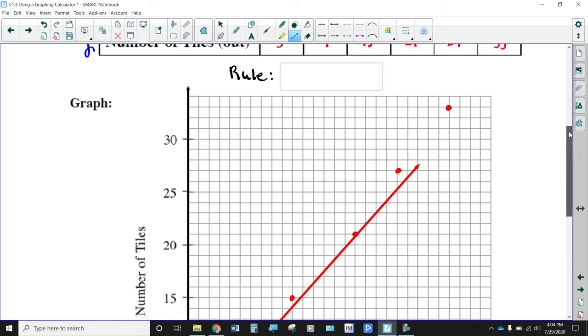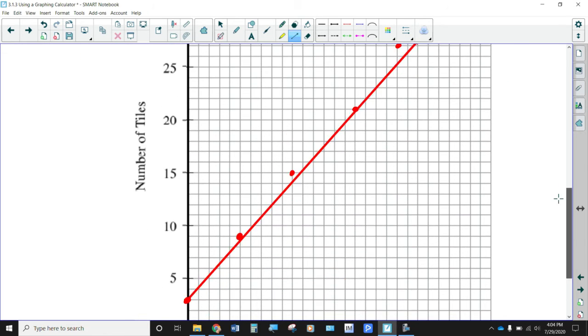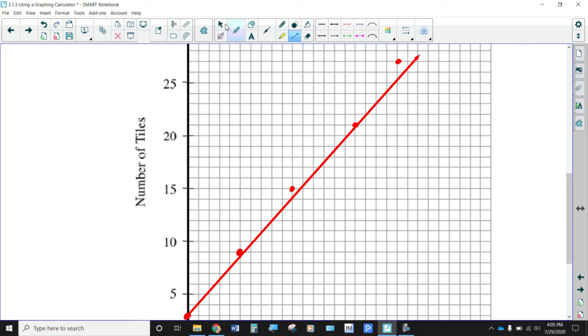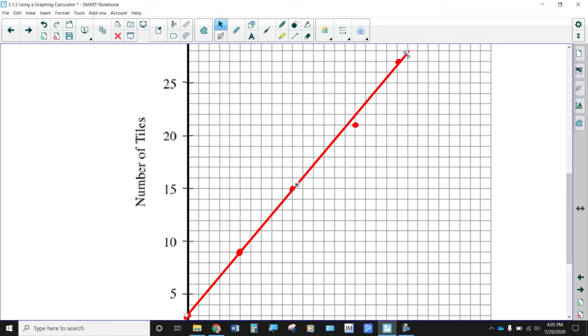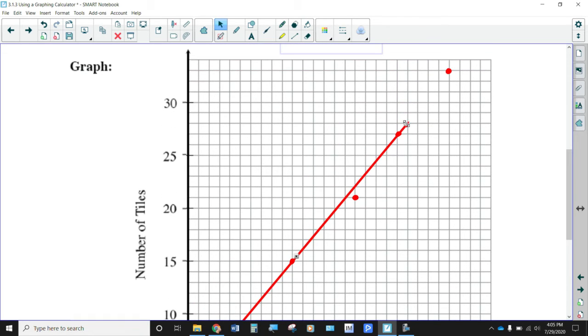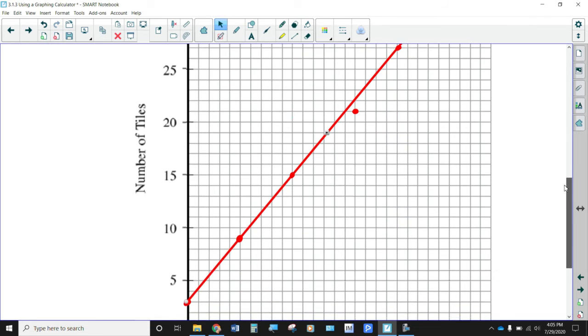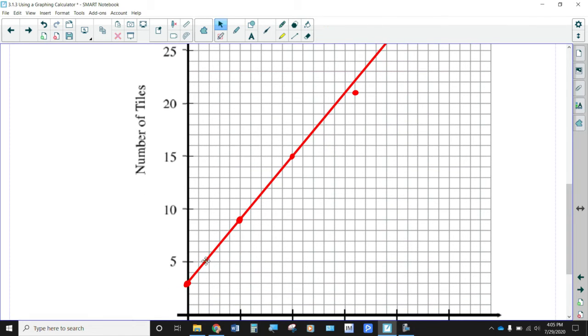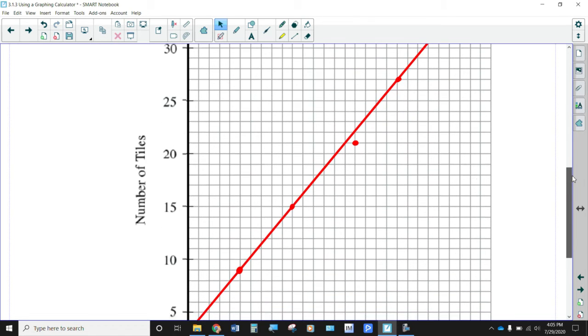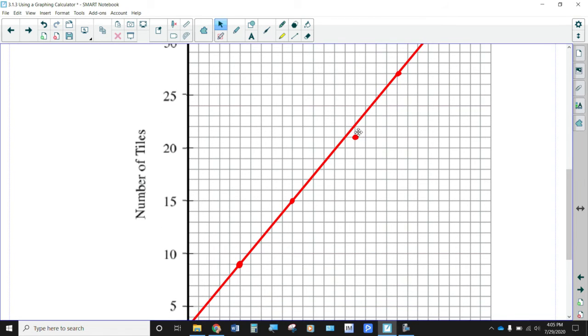Technically, I'm missing a 4th one up there because I'm sure that's not going to make it through. So it really looks like it's supposed to pass through here. And if I extend that even further, all right, so if my straight line using a straight edge or ruler passes through 1, 2, 3, 4, 5 points, but one of them it doesn't pass through, I'm really confident that this is the one that's wrong.